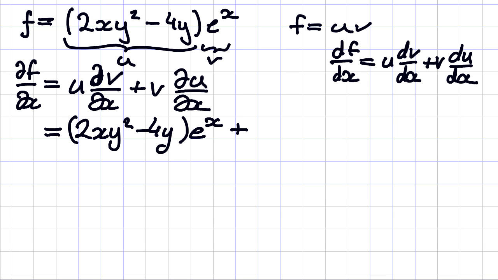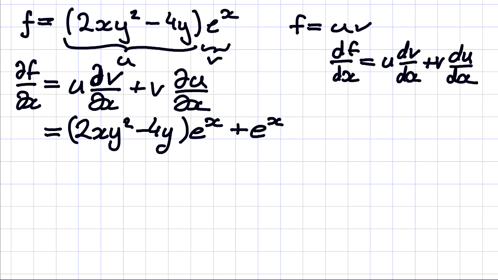Next we take v, which is e to the x, and multiply by du dx. But when I take the partial derivative of u with respect to x, I'm going to treat y as a constant.